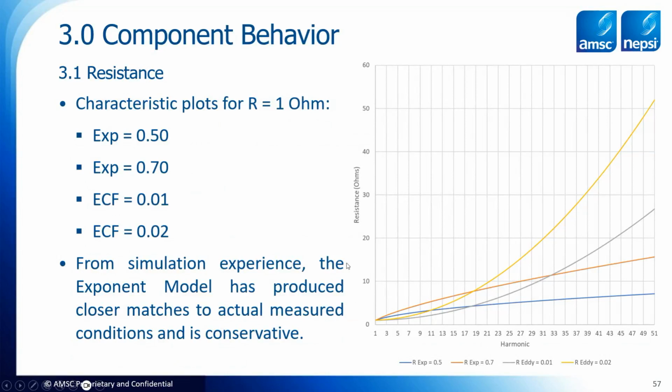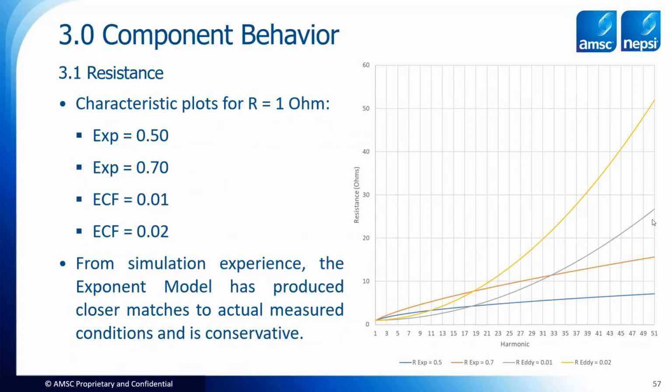And for the eddy current factor, you'll see that it has more of that squared effect, and that's because its exponent in that equation is by default squared, which is 2. But you'll see an interesting thing, and that is at the lower harmonics, the EXP method has a bit more effect. And at the higher harmonics, above the 15th, 17th, you'll see that the eddy current factor has a more significant impact on the resistance.